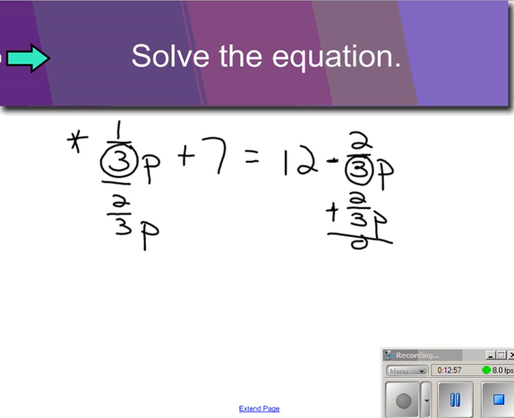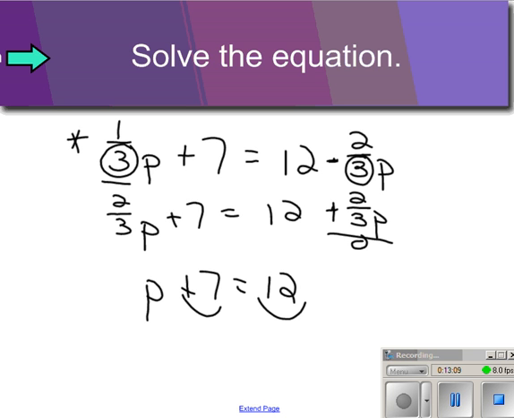And 1/3 plus 2/3 equals 1. So on this side, I am going to have p plus 7 equals 12. I'm going to do my subtraction property of equality to subtract 7 from both sides, and p will equal 5. So that is another way that you can solve these.